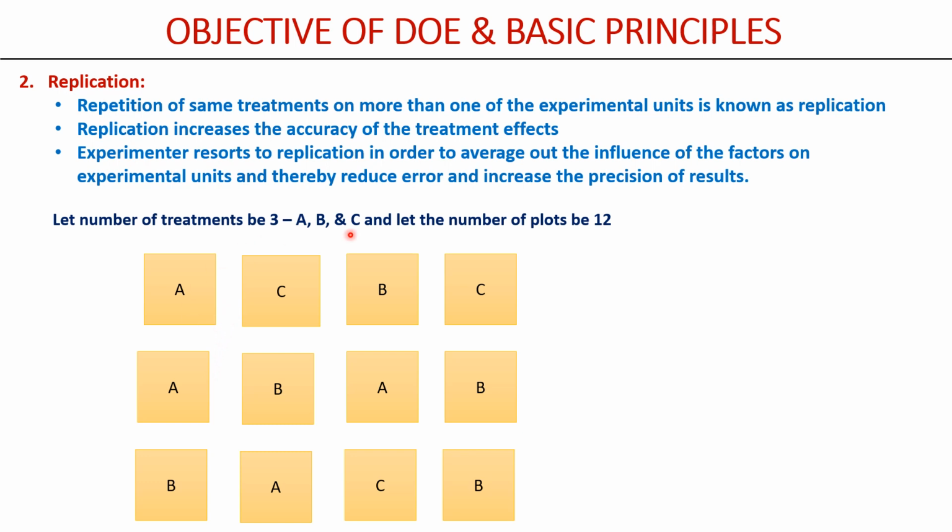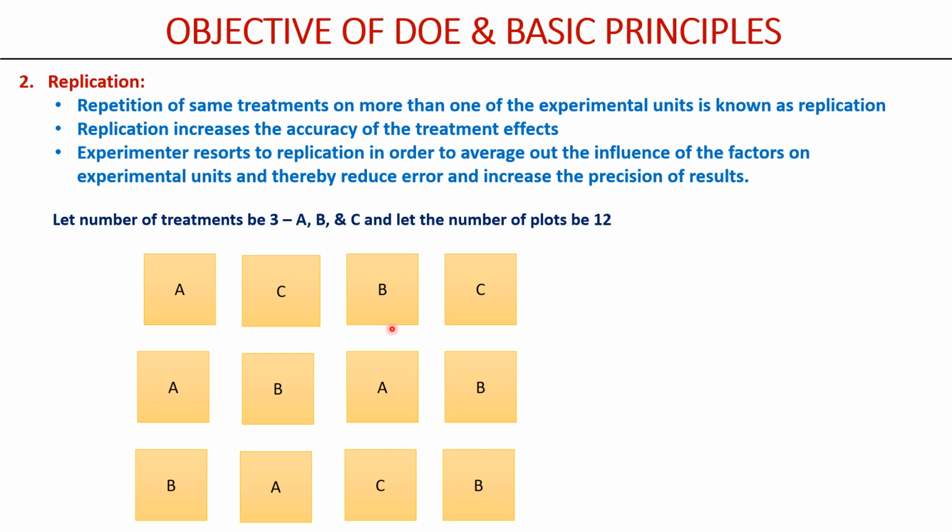For example, I take up 12 plots and I have three treatments. Again, I assign them randomly, as I explained to you earlier, and I repeat the process in order to see that the result I get is consistent any number of times I repeat it. This proves that the experiment I'm performing is on normal lines and there is no mistake.